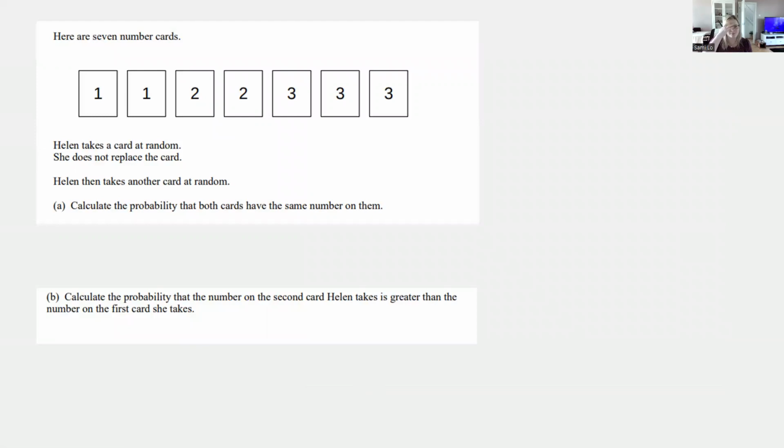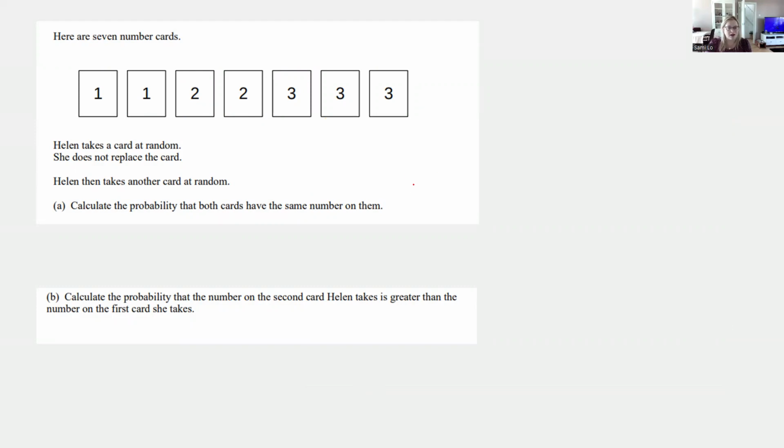Next question. Here are 7 number cards. Helen takes a card at random. She does not replace the card. She picks up another card at random, and we've got to calculate the probability that both cards have the same number on it. Okay, so let's look. How many cards have we got first? We've got 1, 2, 3, 4, 5, 6, 7.